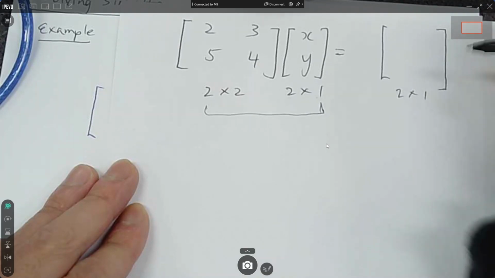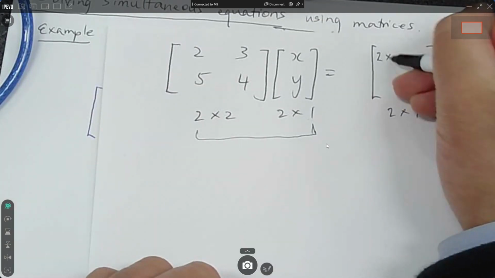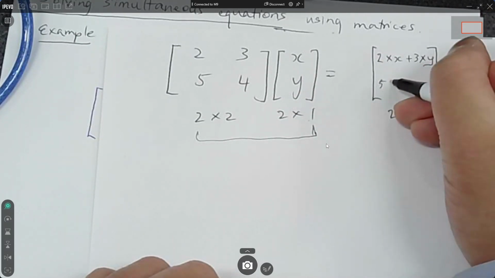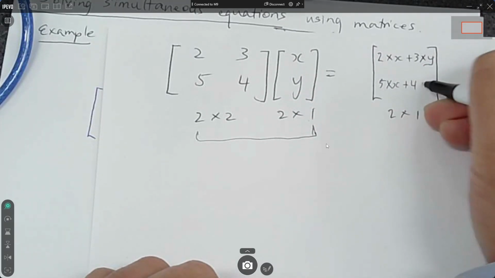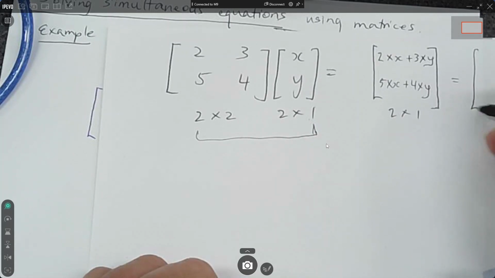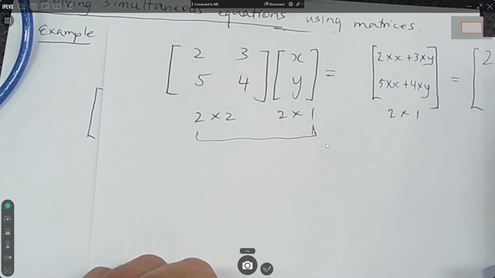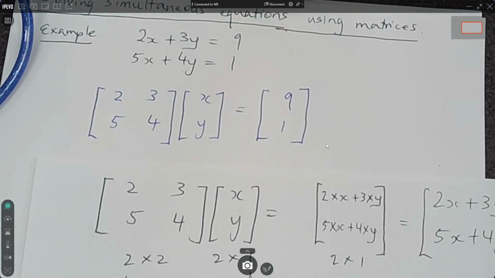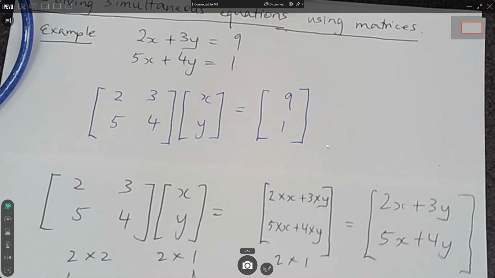The first row will be 2 times x plus 3 times y. The second row will be 5 times x plus 4 times y, which is 2x plus 3y and 5x plus 4y. Okay, you don't have to write that.